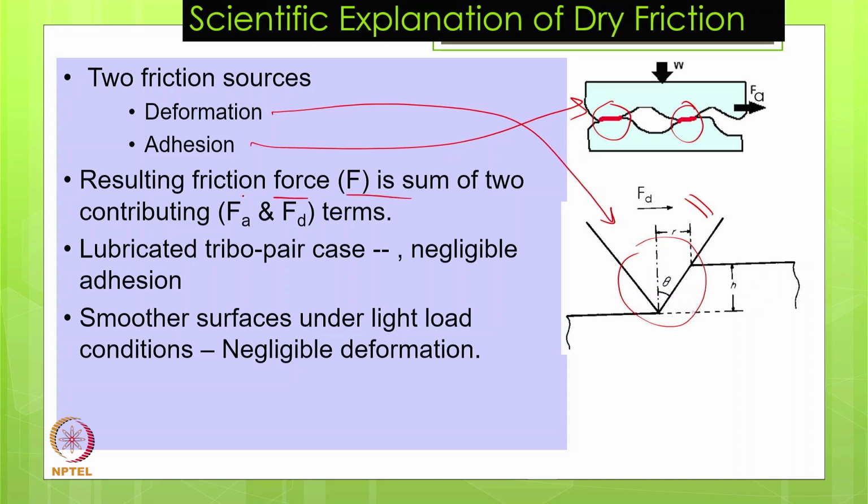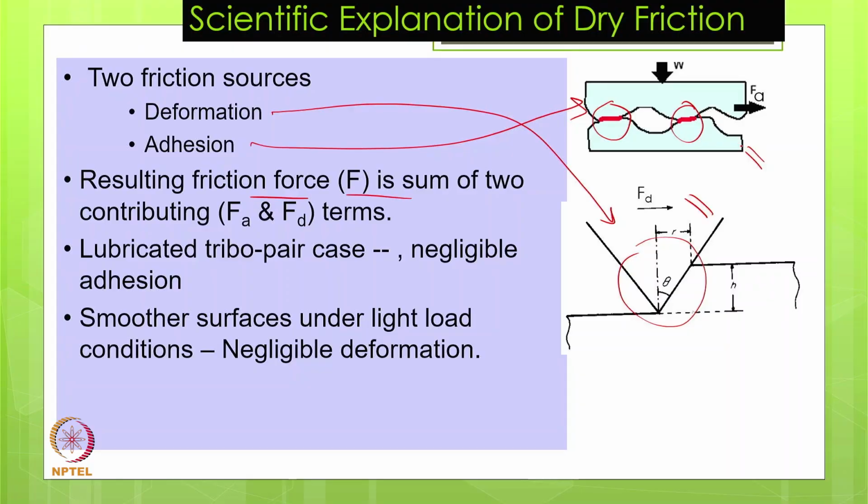Now finally it should be the summation, and the friction force will be, because as I say, both will occur simultaneously, some portion because of adhesion, some portion because of deformation. It should be summed up. There are some extreme situations: in the case of a well lubricated surface, the two surfaces will not come into contact at all, so the adhesion force will be almost zero.